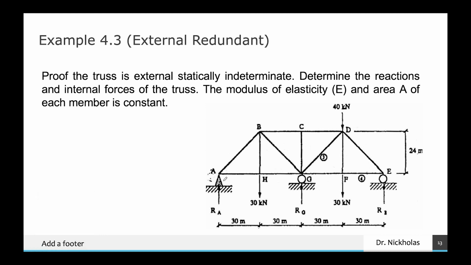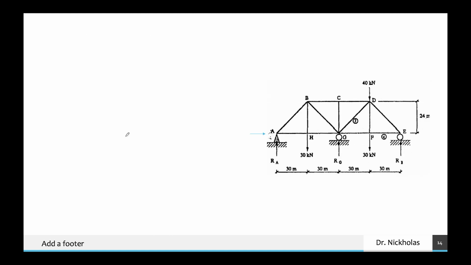Now we have a pin support at A, a roller support at G, and another roller support at E. So from here we know that the total number of unknown reaction forces will be 4, because we have 1, 2, 3, 4.